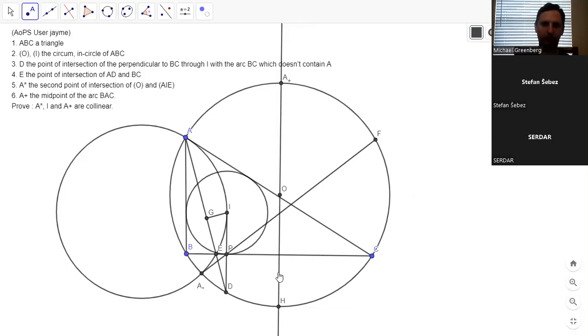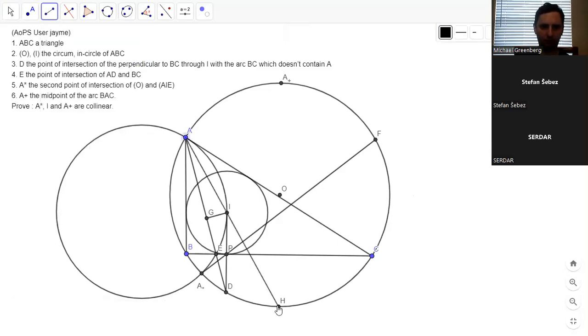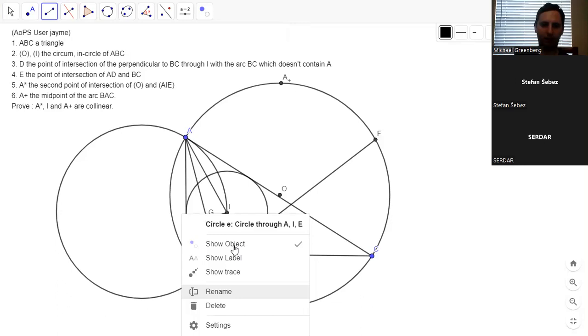Yeah, I guess we can just leave it as H. I think it's better to define A star as the mixtilinear touch point. Yeah, I agree. We could just say prove that this is the mixtilinear touch point. Or do you want to just define A star as the mixtilinear touch point and then prove that that's cyclic? Is that kind of what you're saying? Yeah. All right.